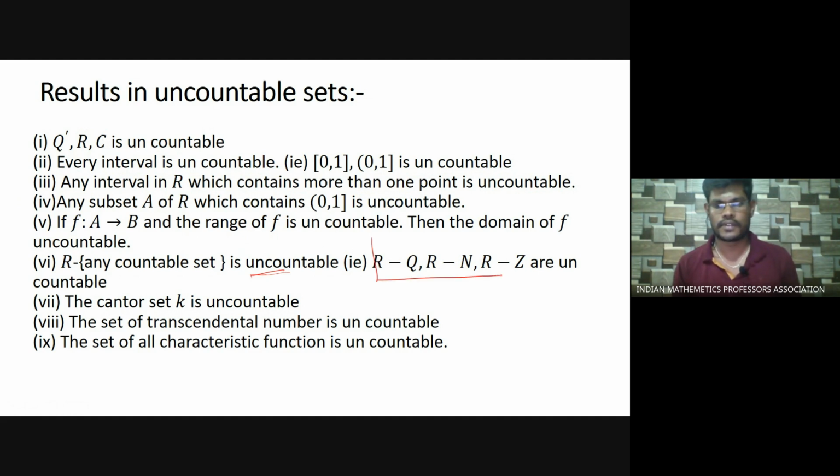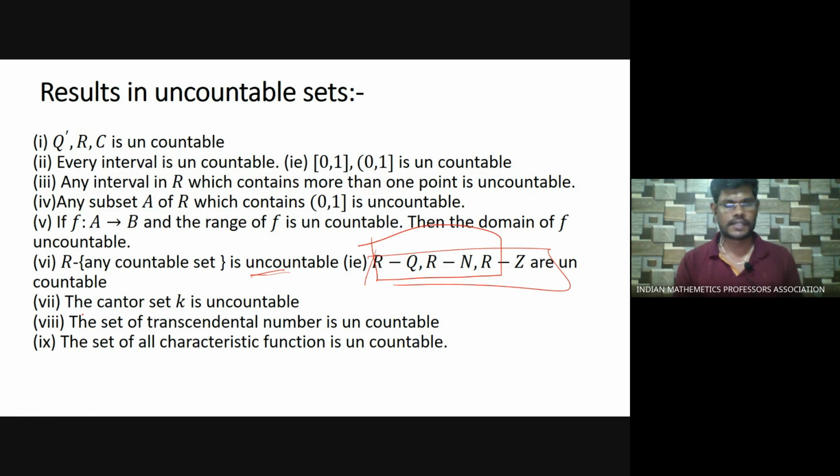This is a very important fundamental result. The real numbers minus the rational numbers, real numbers minus natural numbers, and real numbers minus integers are uncountable. So kindly note it.